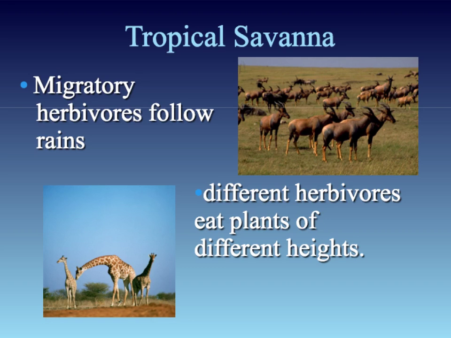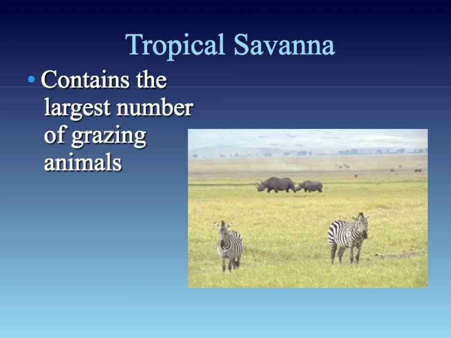The animals that you will find are mostly herbivores. They will follow the rains, because that's where the grasses can be found. And you will see herbivores of different heights. This is where you'll find giraffes eating from the trees, and other herbivores grazing from the grasses.